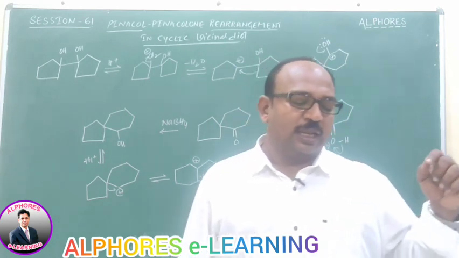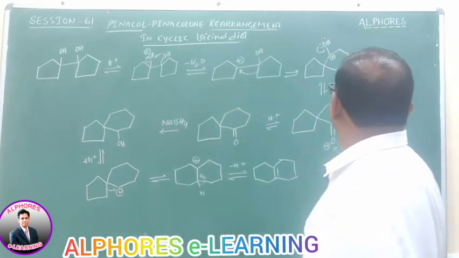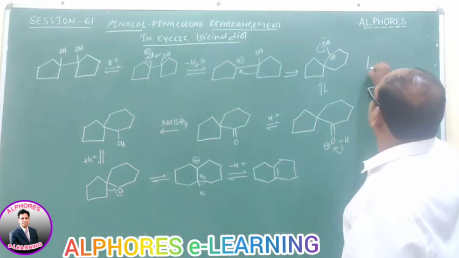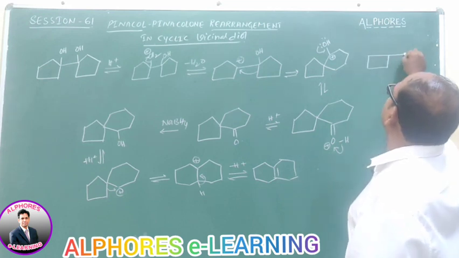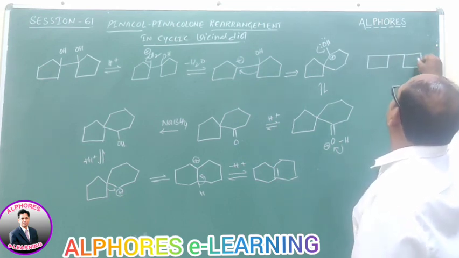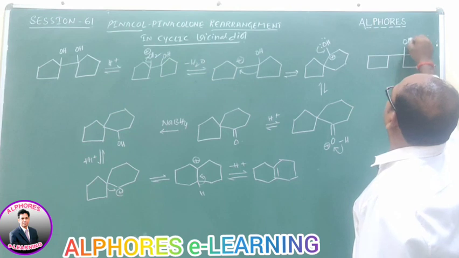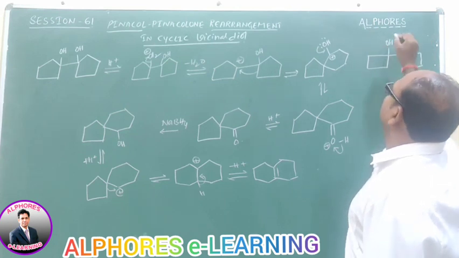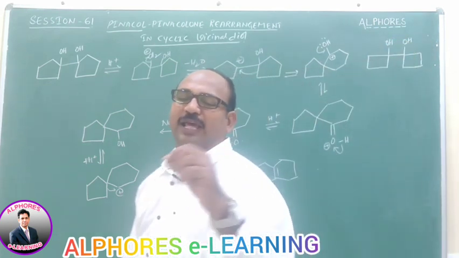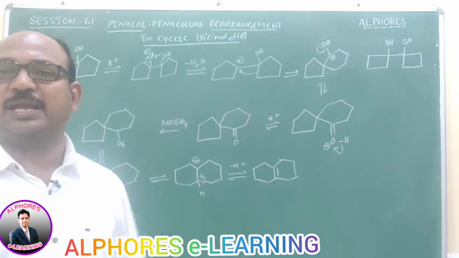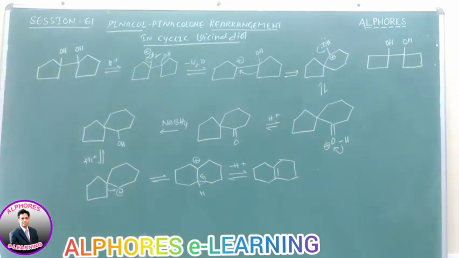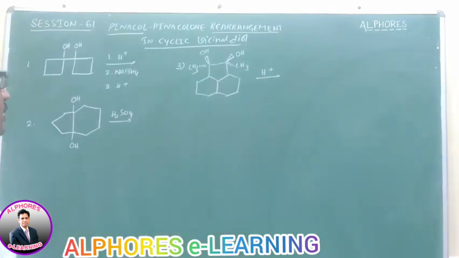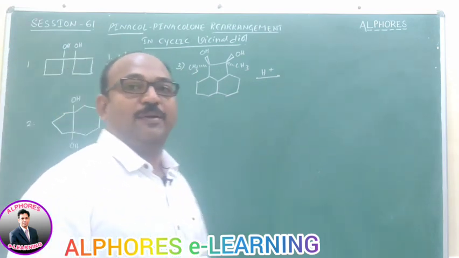Now let us try if both are 4-membered rings. Both are 4-membered rings. In such a case, what happens and how does the reaction mechanism proceed? Students, have a look here.